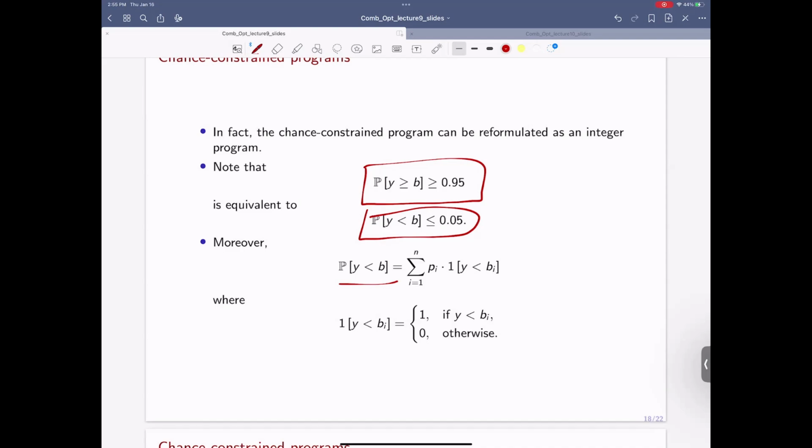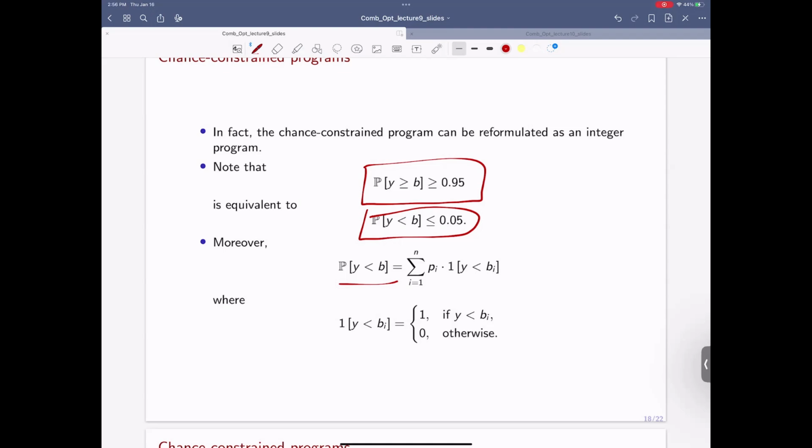It fails if my random variable B has value bi with probability pi. If Y is less than bi, I fail with probability pi. You can imagine this, so I can model this.